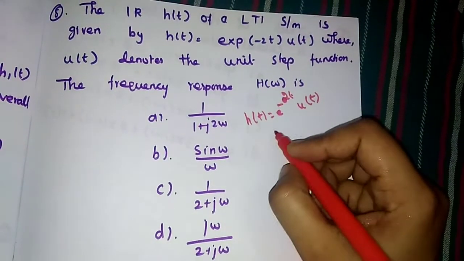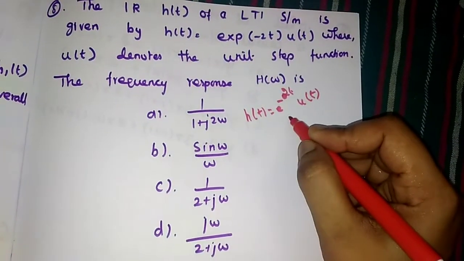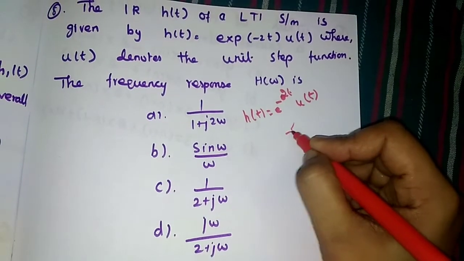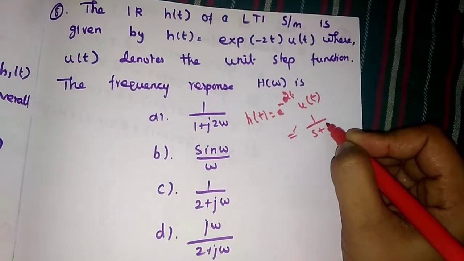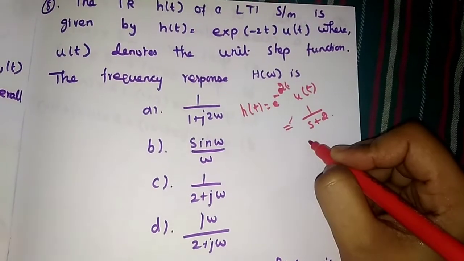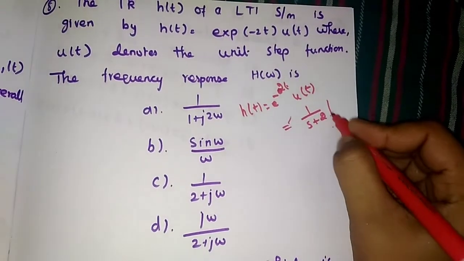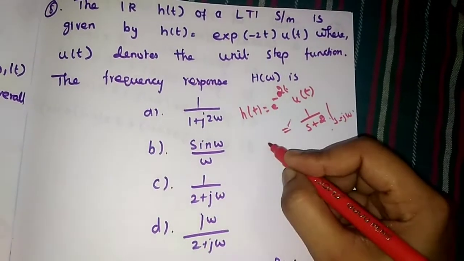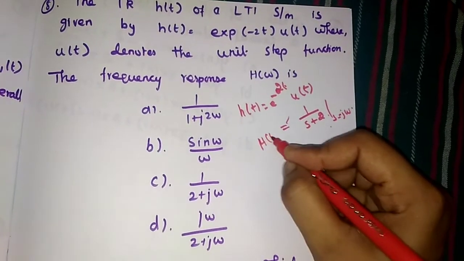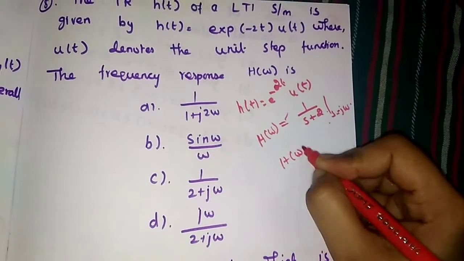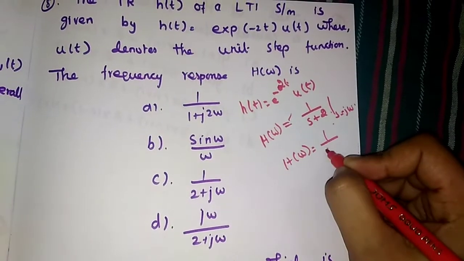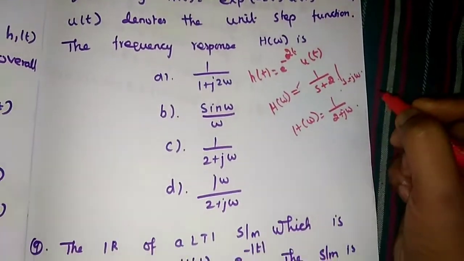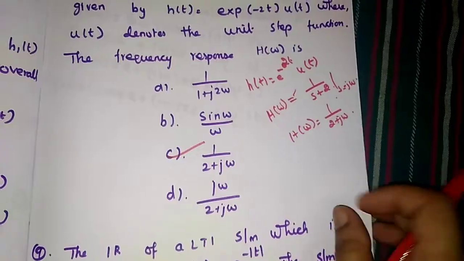We have to take the Fourier transform of this, or we know the Laplace transform of this is 1 by s plus 2. And for s, we have to put j omega. S is equal to j omega here, and that is given as H(omega). So H(omega) is equal to 1 by 2 plus j omega. So here the answer is C.